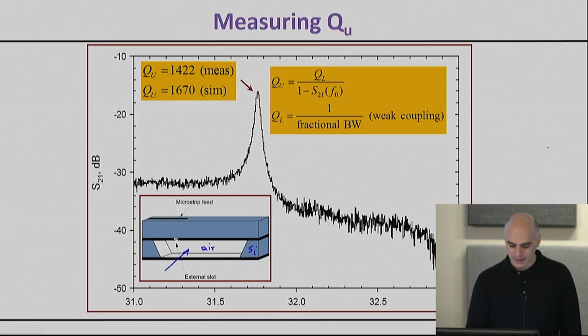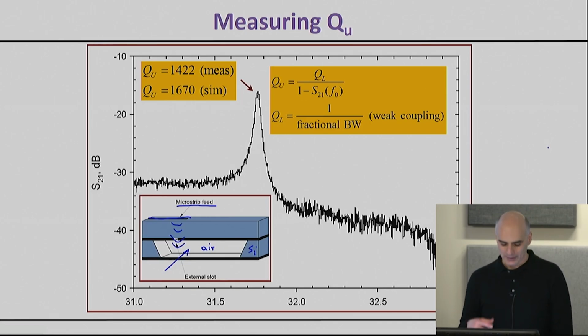We are designing a very weak coupling section here, given by this microstrip feed line. There is this microstrip feed line here that will induce a wave to excite this cavity. And you're ensuring that this is a weak coupling by opening a small slit here, a small slot, to allow this energy to come into the cavity, but again, a very weak amount of coupling.